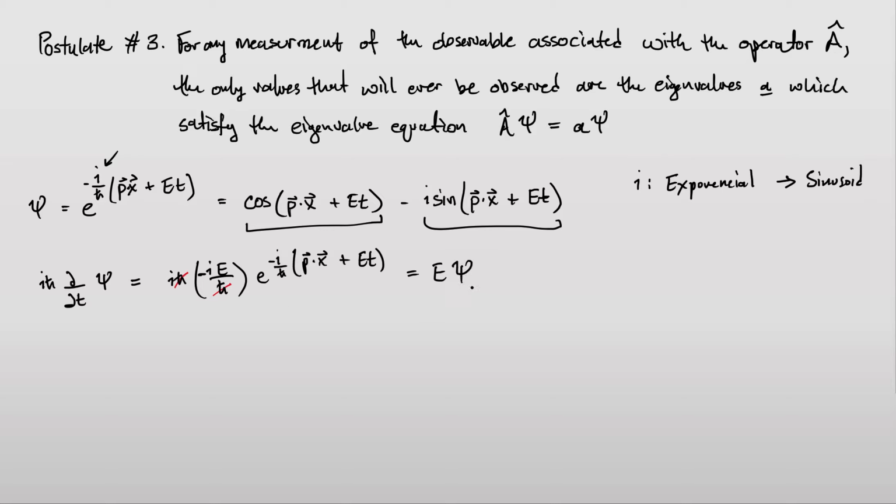So what we have is this operator right here, I'll rewrite it: i h bar d dt is equivalent to just multiplying our wave function by E. And this is what's called in quantum mechanics promoting observables to operators.